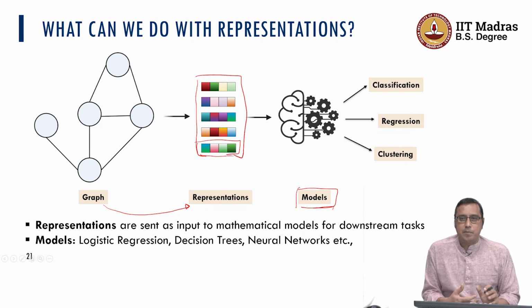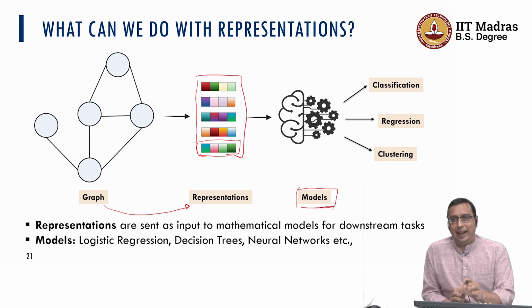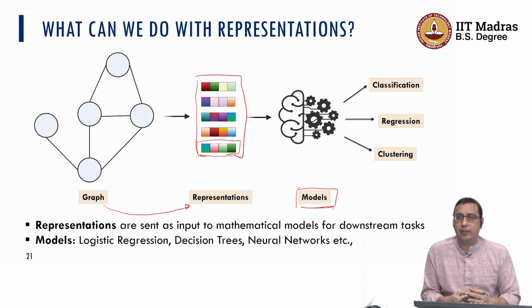Here, representation learning allows us to decouple the task of feature engineering from the model, and the advantage is that we can then use existing models like logistic regression, decision trees, neural networks, etc., to perform node level tasks or graph level tasks. Hence, the whole idea of graph as data is divided into two parts.